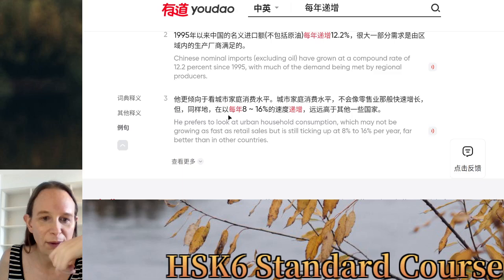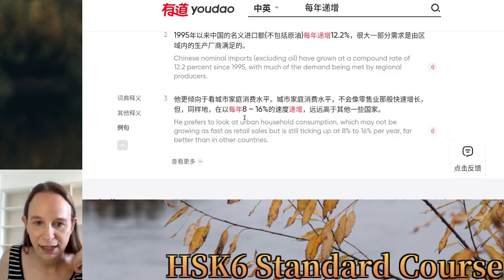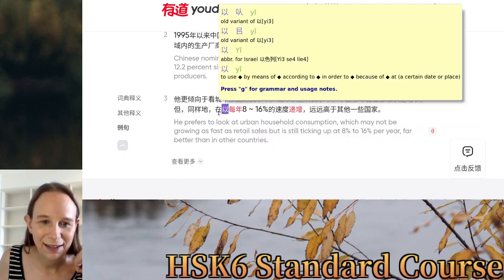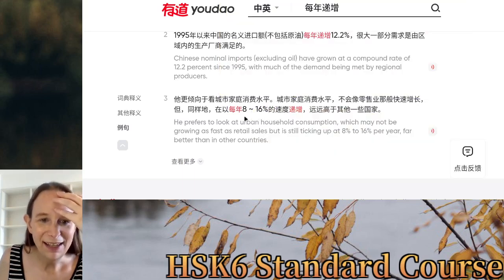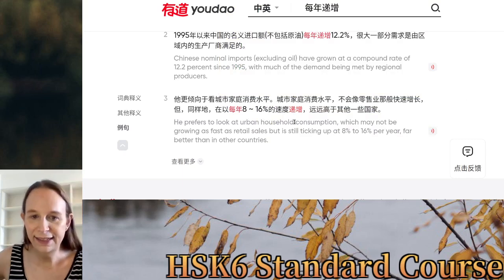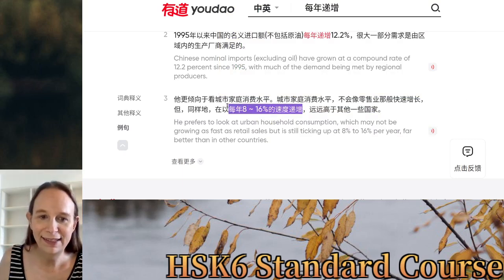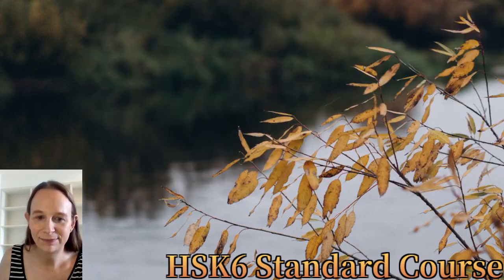Yeah, this is probably a better one. 在以每年8至16的速度递增. Okay, so it increases and then increases. Anyway, you get the idea.